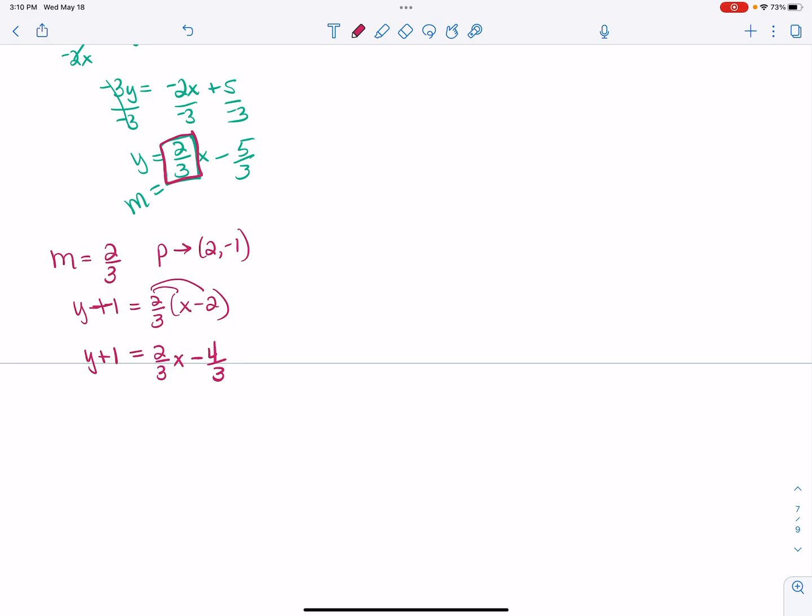You're just multiplying the 2's, keep the denominator. And when I subtract the 1 over, I'm going to get 2/3 x. Now, I've got to add these two, but it's going to be negative, but I'm going to add. And my denominator is 3. So 1 would be 3/3. -4 minus 3 would be -7/3. That is my equation.